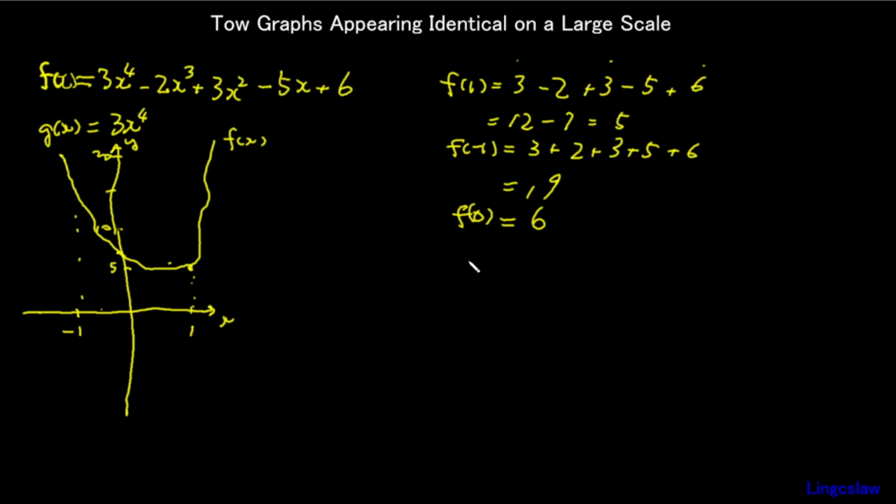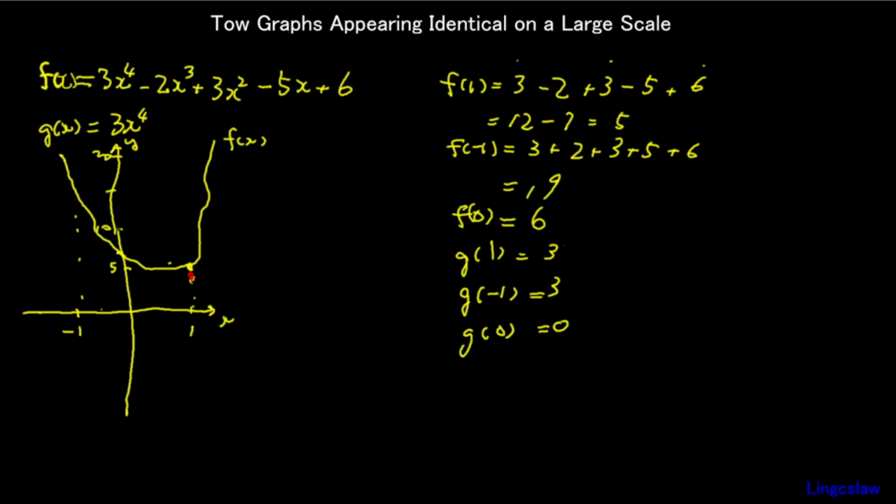And the g of x: g of 1 equals 3, and g of negative 1 equals 3. g of 0 equals 0.